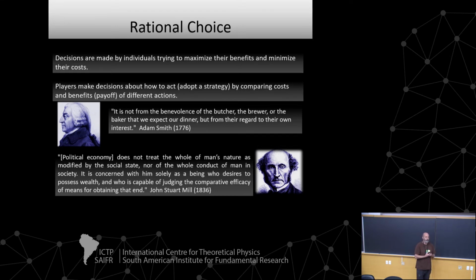It is concerned with him solely," and this is important, "him solely as an individual, as a being who desires to possess wealth and who is capable of judging the comparative efficacy of means for obtaining this end." That means that the only thing the individual is looking for is to act individually to obtain the greatest payoff. And this is the idea of a rational player. A rational player has no compassion, has no regard for the other one. The only thing a rational player wants to do is to get the maximum from the transaction.